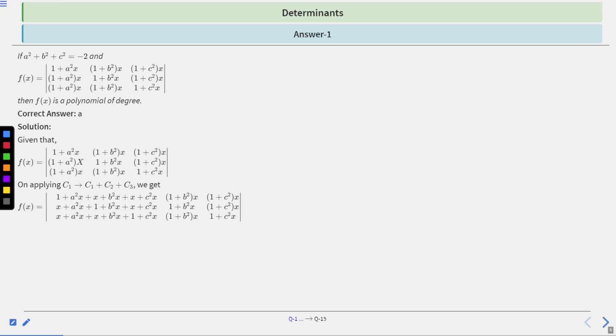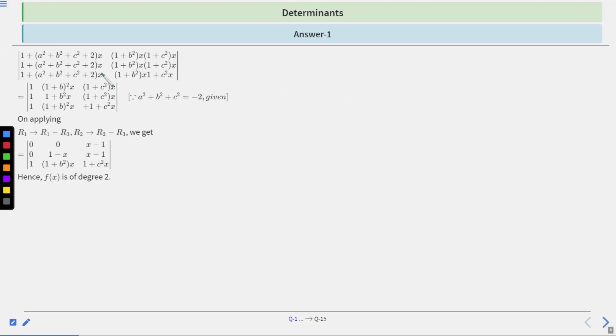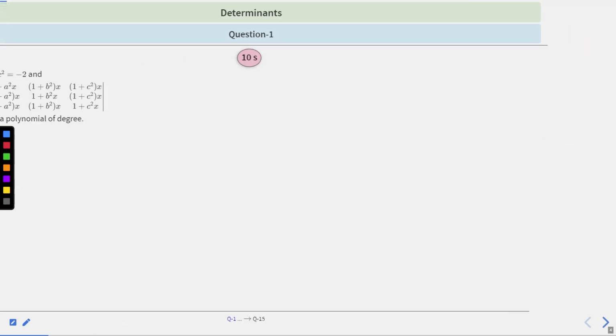After that, you will get 1, 1, 1, 1 plus b square x, because 1 plus a square plus b square plus c square is minus 2. Putting that in, you will get this matrix. Again, on applying R1 replaced with R1 minus R3 and R2 with R2 minus R3, you will get this matrix. Hence, after solving, you will get degree of f(x) is 2. So I think option A is the right choice.